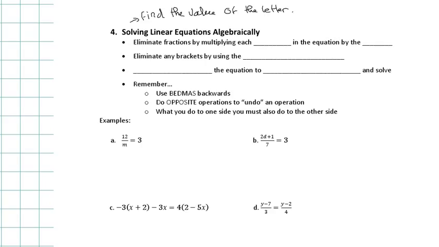Okay, so let's look at how to do it. Eliminate fractions by multiplying each term in the equation by the LCM. Do you guys know what LCM stands for? Multiple. Yeah. So eliminate fractions by multiplying each term in the equation by the least common multiple.